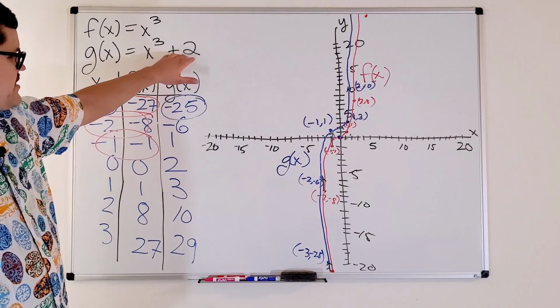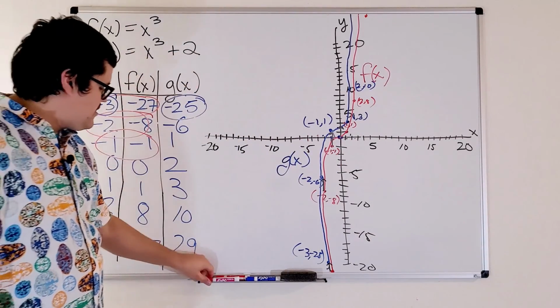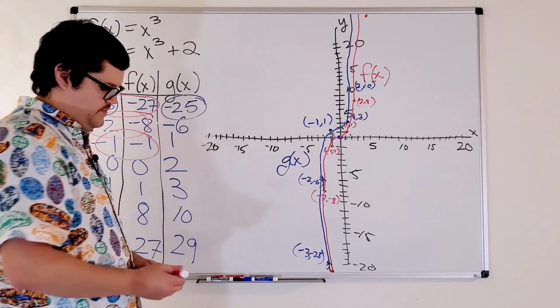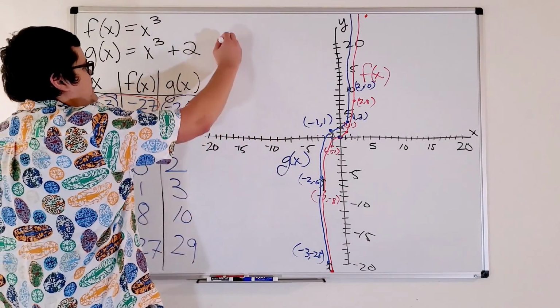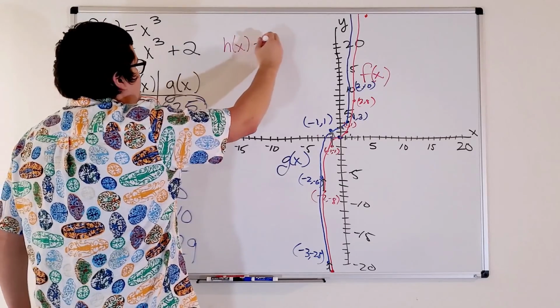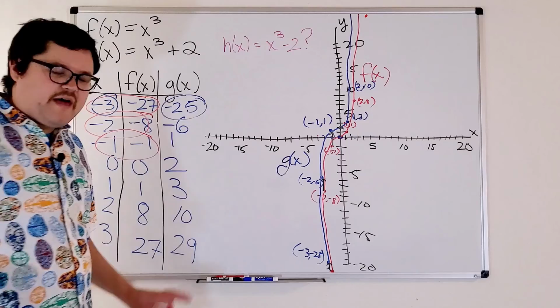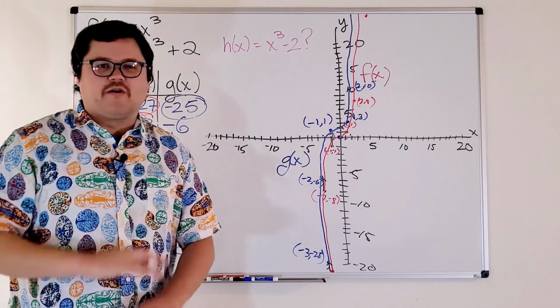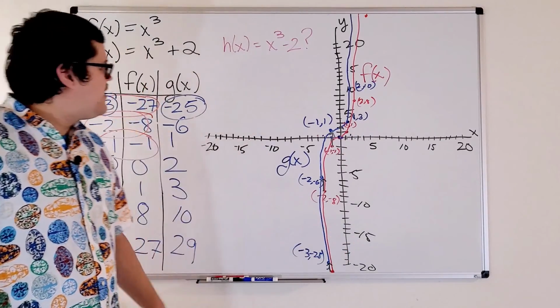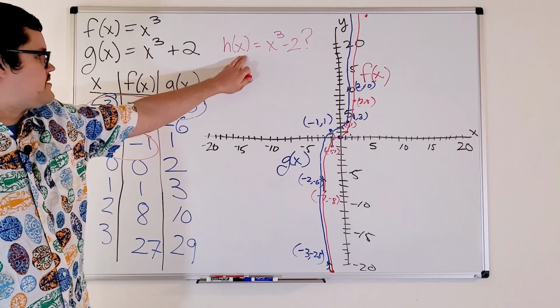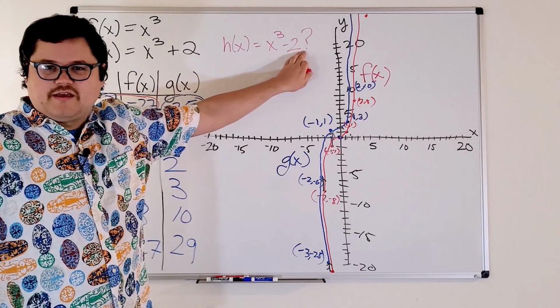What if I subtracted 2 instead? What if I had an h of x, which is x cubed minus 2? Well, without even doing the t-chart or any computation or nothing, I already know what the graph of this looks like. There's a -2 at the end.